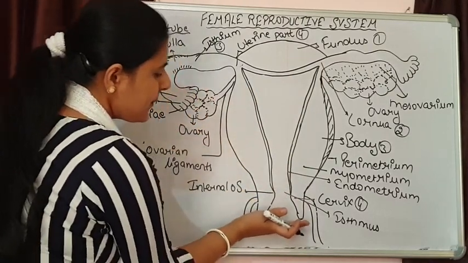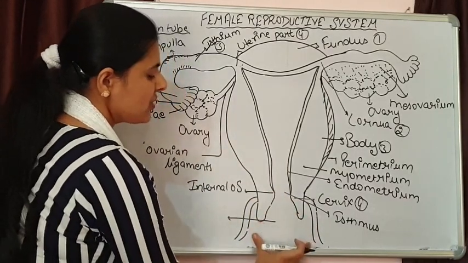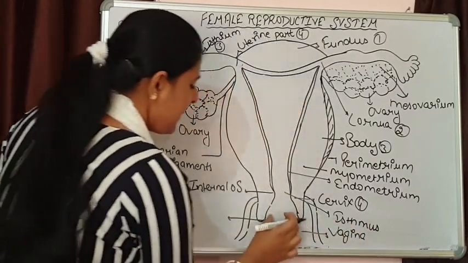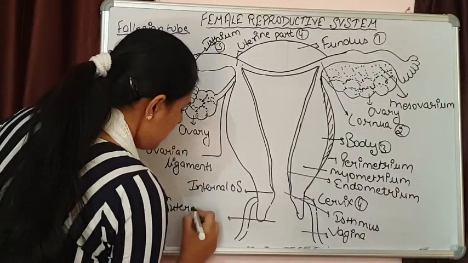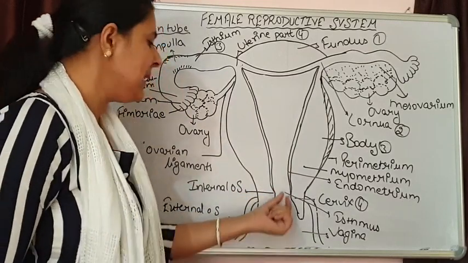While the exterior part, the lower part, is basically opening into a structure that is known as vagina, and this lower aperture is known as external OS. So simply these are two apertures of the cervix.